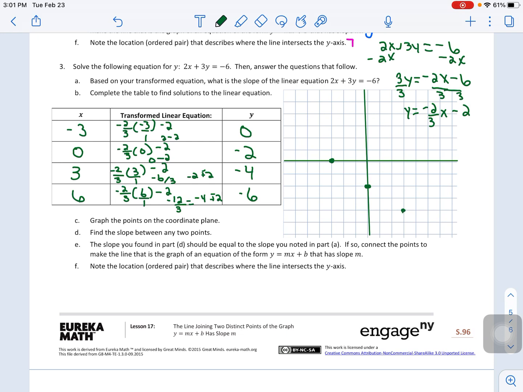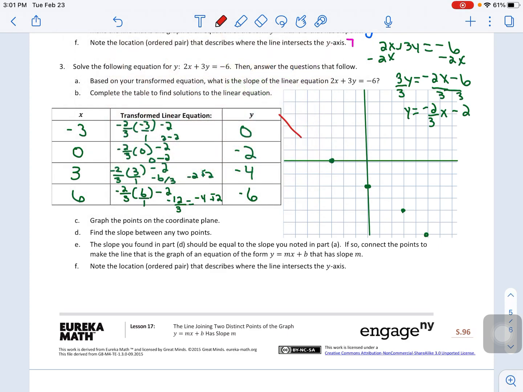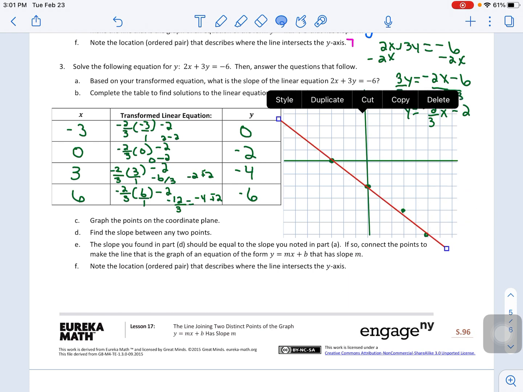And 6, negative 6 is here. And we'll change my color to snap the line. Okay, so it's not the greatest line, but it does work.